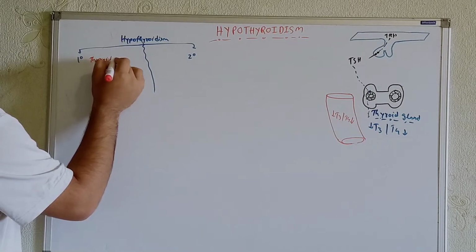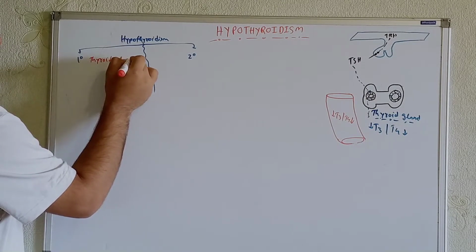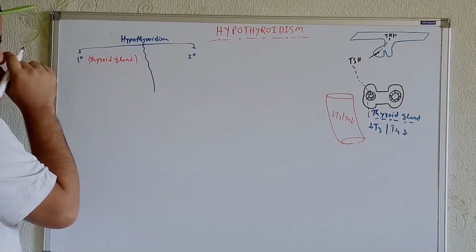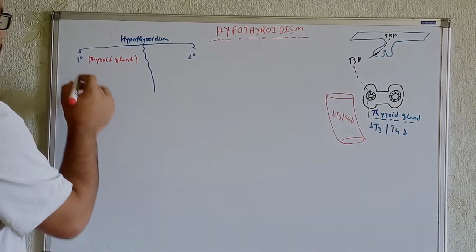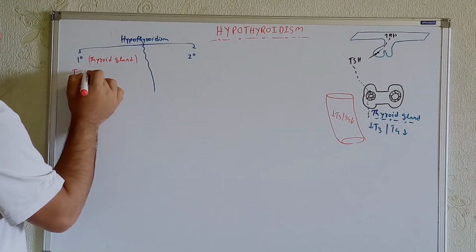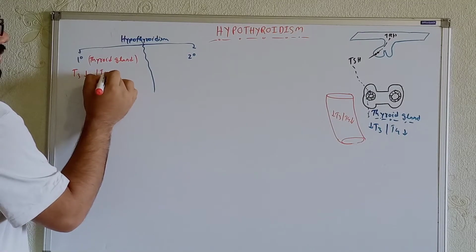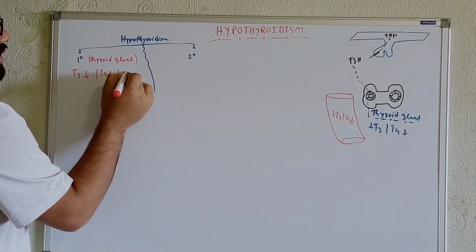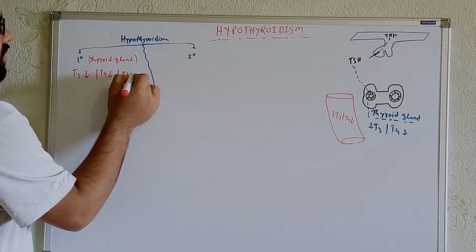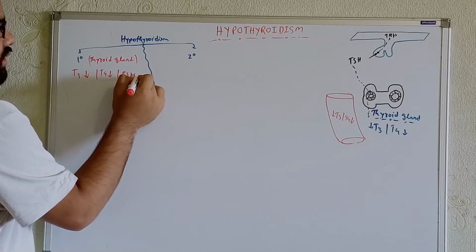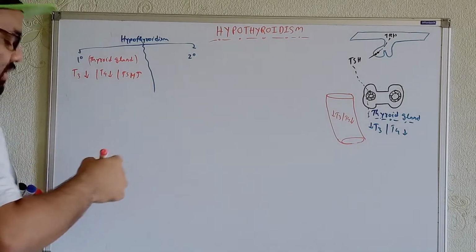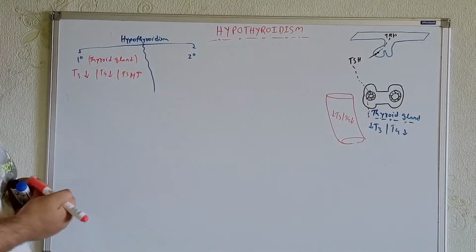If there is any dysfunction within the thyroid gland, T3 will be less, T4 will also be less, and TSH will definitely be activated. The feedback inhibitions, positive and negative feedback from hormonal things, these are the basic things.